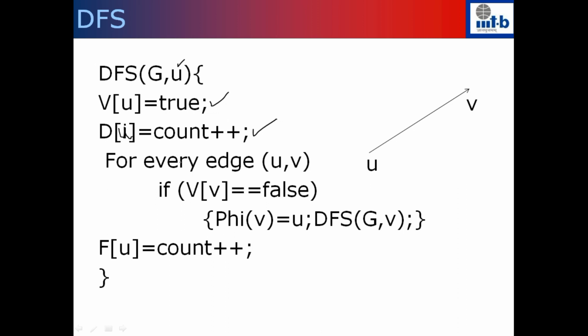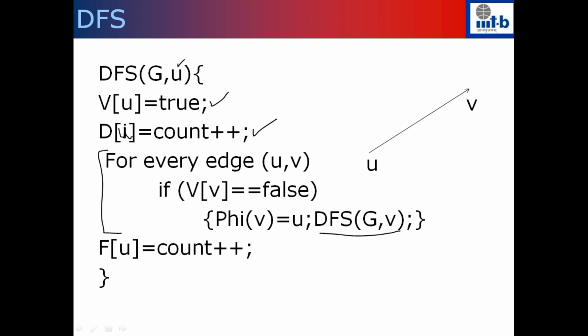Now, as before, look at all the adjacent vertices of u. If the vertex v is still not visited, then set the pi of v to be u and call the recursion from the vertex v. Once you finish doing it for every vertex adjacent to u, that means you have visited every vertex adjacent to you.